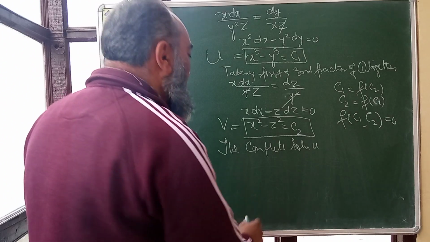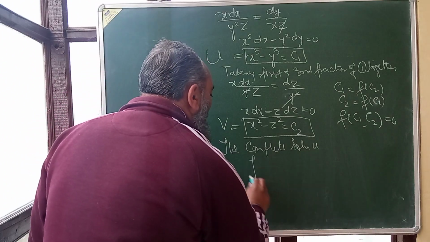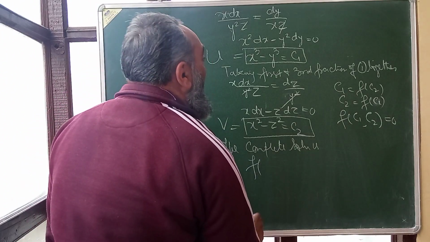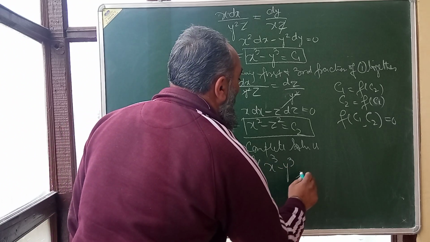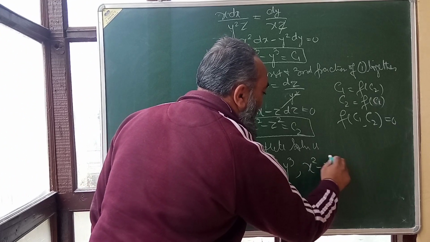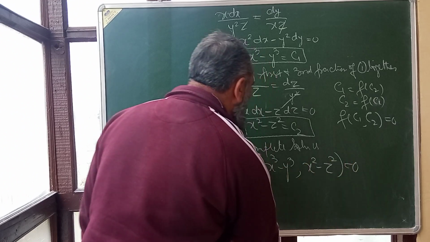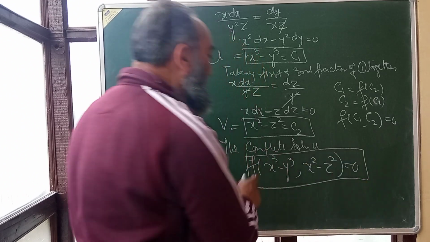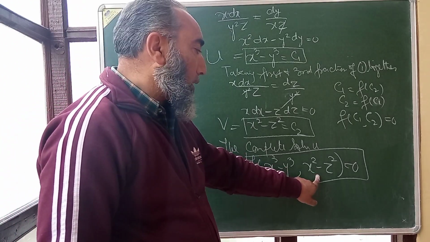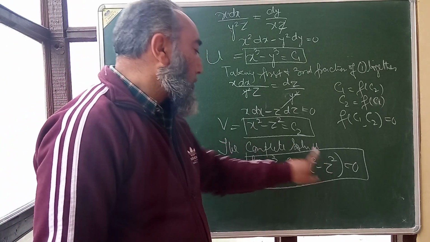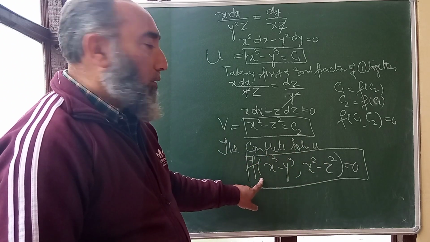So the solution is f of x cube minus y cube comma x square minus z square equals 0. This is the solution. Or you can have x cube minus y cube as function of x square minus z square, or x square minus z square as function of x cube minus y cube.